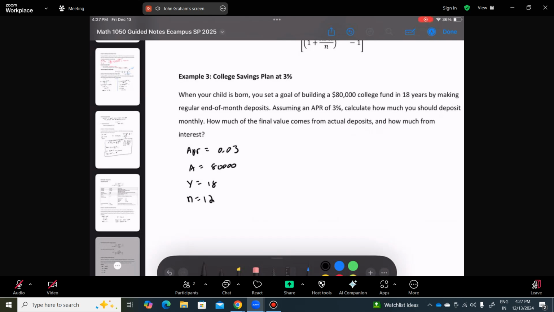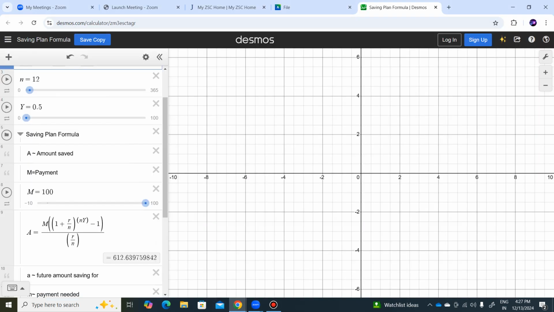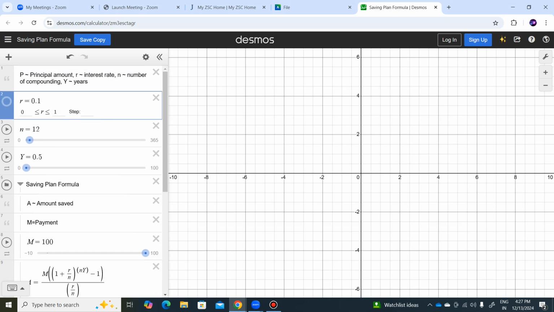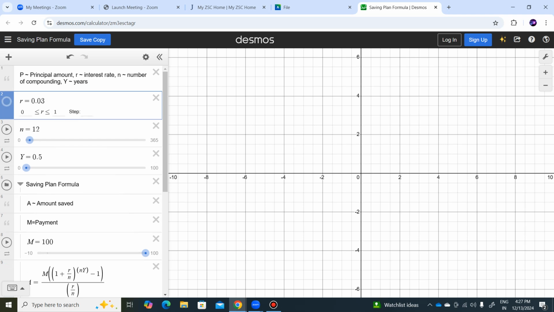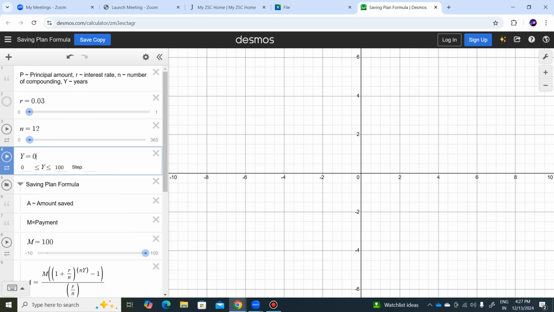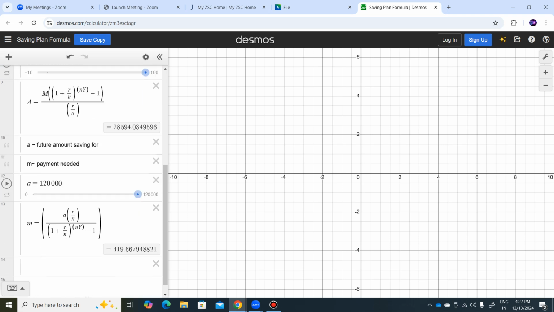So if we go back to the calculator, that's where the second part comes in. We still set these rates, so 3%, 0.03, N is 12, and years is now 18. We don't worry about these two. We worry about these two down here, the little a and the little m.